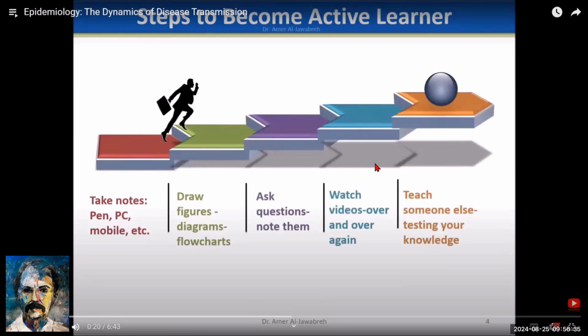Previously, we used to take notes using a pen and paper. Nowadays, you have tablets, and you can open this lecture on your tablet, add your notes and save them, like other students are doing. Also, it is much better if you put what I'm saying in the form of tables or figures, flow charts and so on. This makes it easier for you to study.